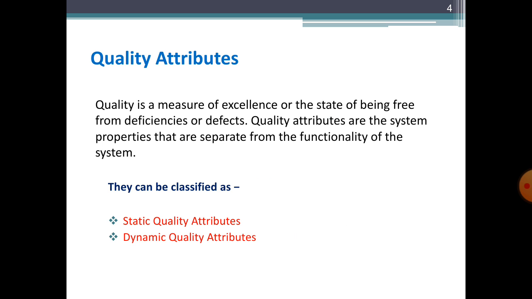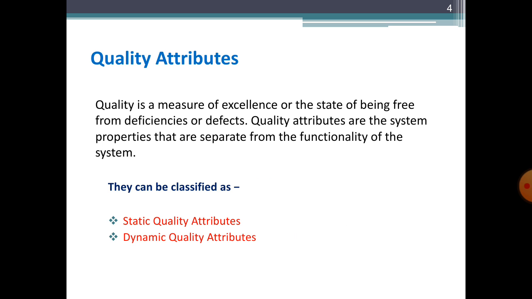Now these quality attributes are further seen from two different perspectives: static quality attributes and dynamic quality attributes. Static quality attributes are basically the implementation attributes, which we also call non-observable at runtime, and we saw them in our previous lecture with the name of implementation attributes.